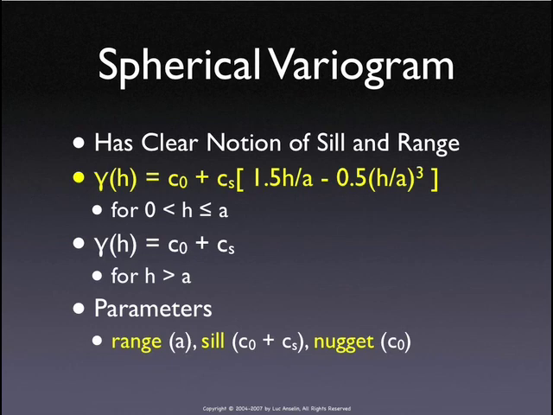And in terms of specific parameters of this model, that consists of the nugget, C0, and the partial sill. Now this is a little bit confusing. When people refer to the sill, you have to make sure which one they're referring to, because the sill as a total variance of the process is the sum of these two parts.